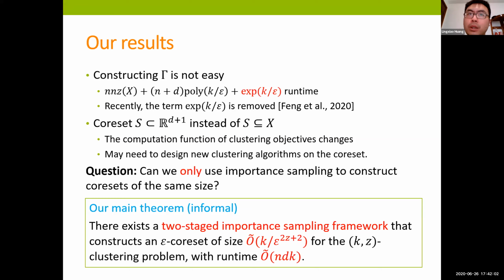So we show that we only need to do importance sampling on the original data set. So just take samples following some distribution determined by the sensitivity function. And by this two-stage sampling, we can achieve a core set with the same size as Sohler and Woodruff, and the running time is only O tilde NDK.